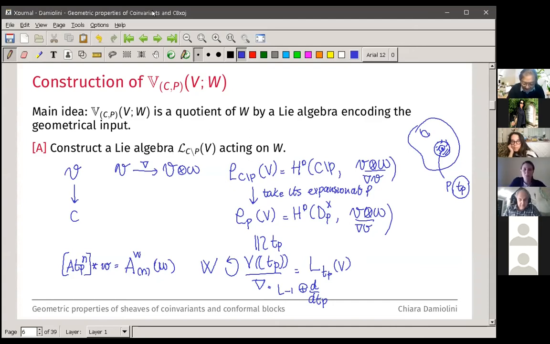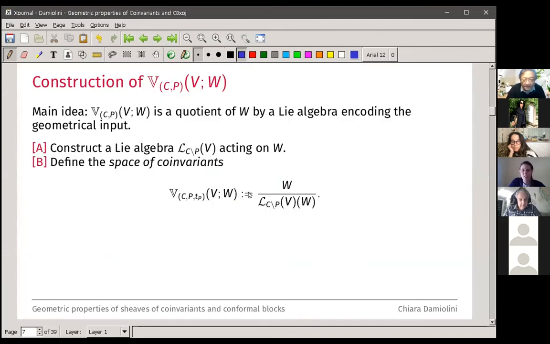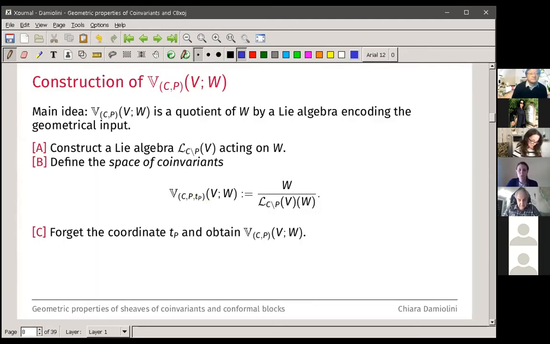And so we sort of have an action, and so we sort of have coinvariants. But you can see here, we actually had to use coordinates. In order to define this action, we use coordinates at the point P. And so this would be, if you want, a local picture, the local definition of these spaces. And so what we're left to do is to forget the coordinate.